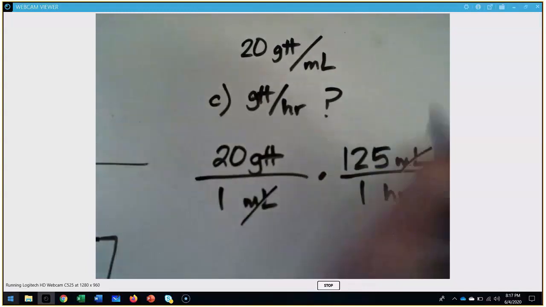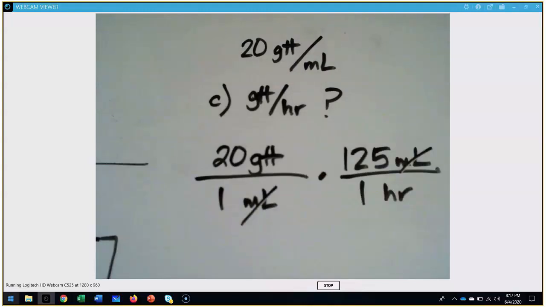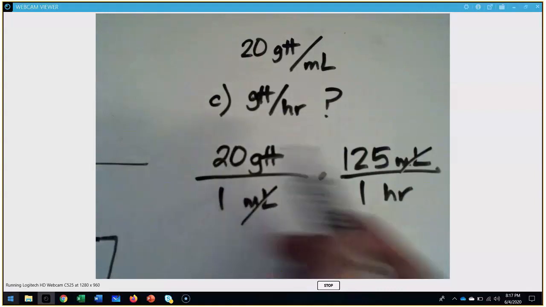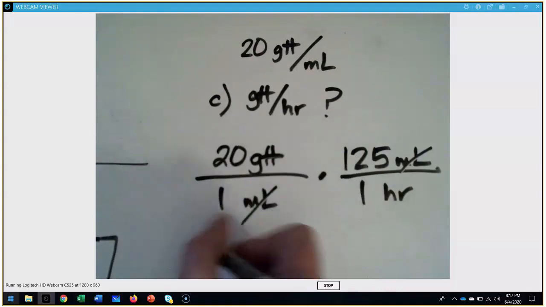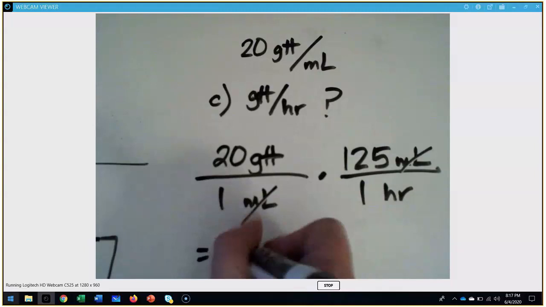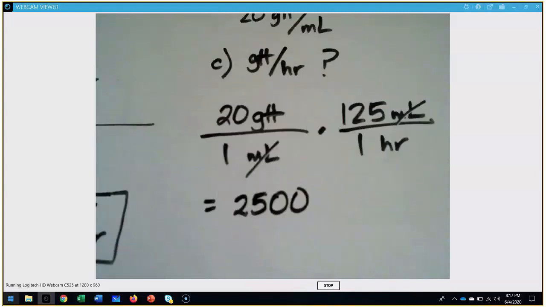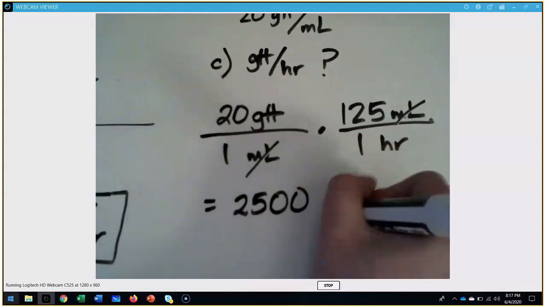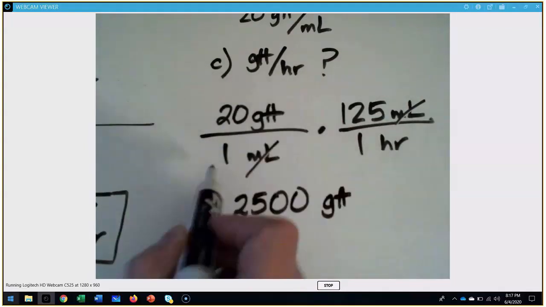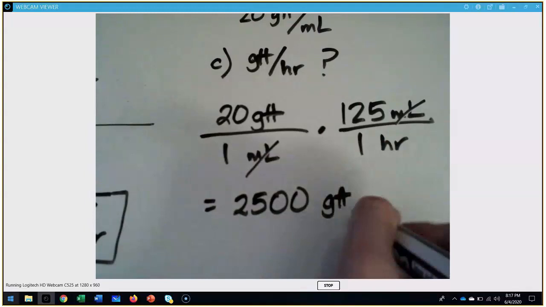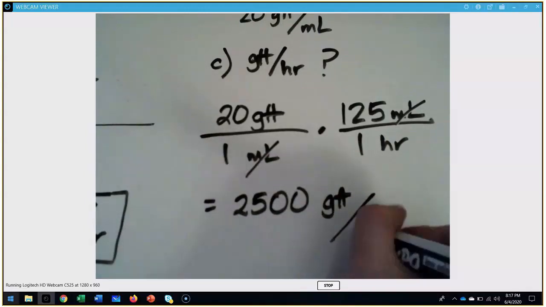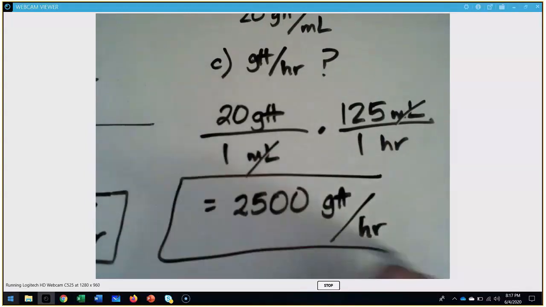So taking it straight across, the milliliters are gone. And 20 times 125 is 2,500 drops. 1 times 1 is just 1, so drops per 1 hour, drops per hour.